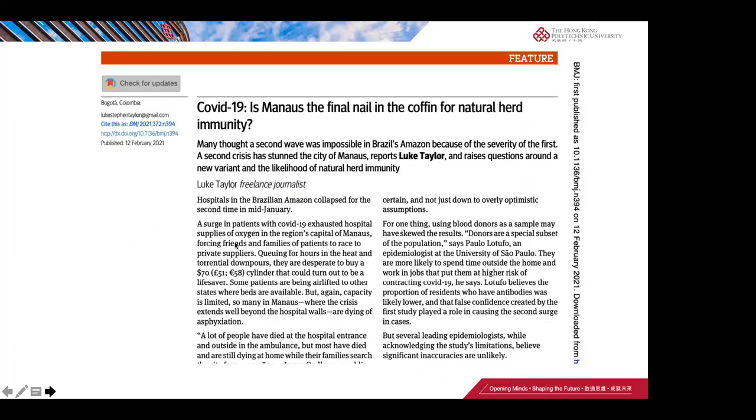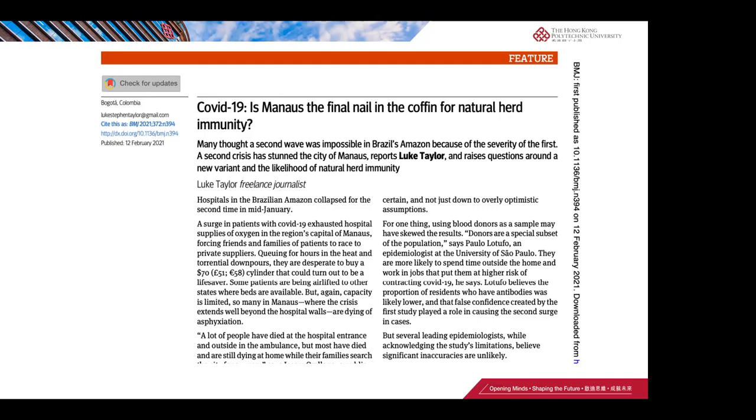If that's true, it's very bad for modelers, for us mathematical epidemiologists, because we have a theory, herd immunity. If everyone can be infected 1.5 times, natural herd immunity is wrong.